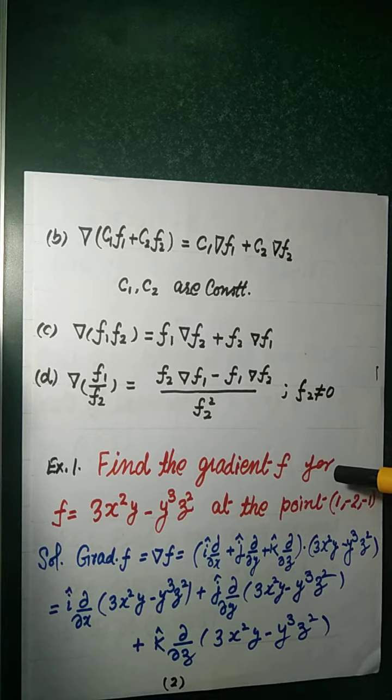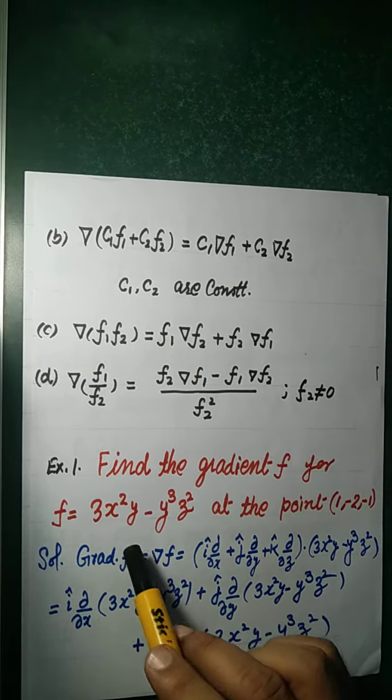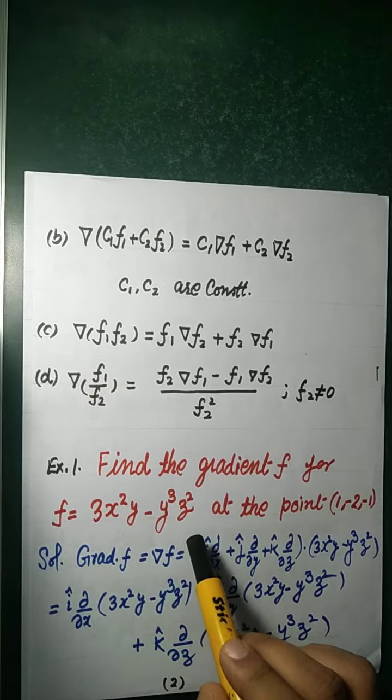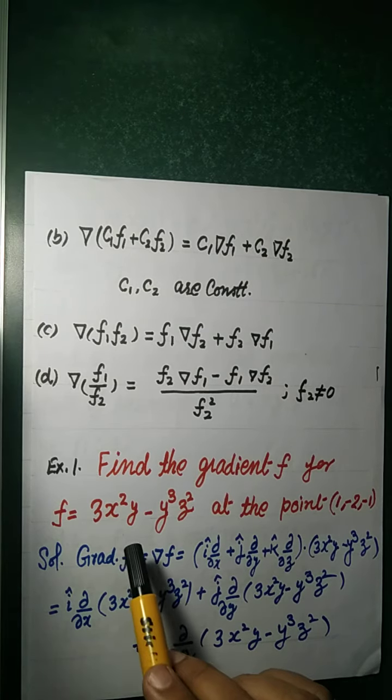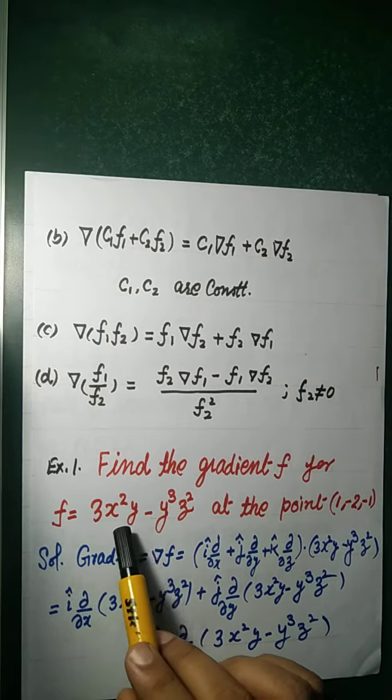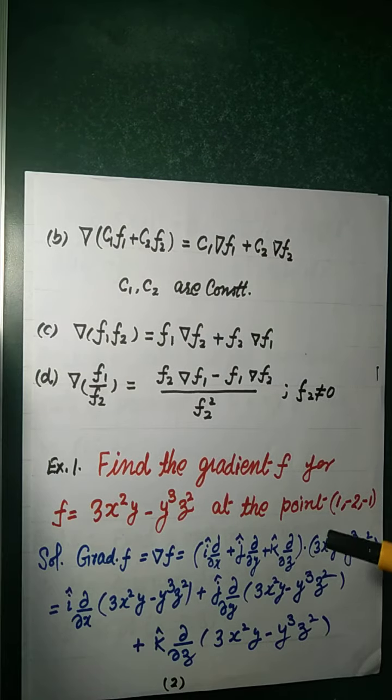Find the gradient of f for the function 3x square y minus y cube z square at the point (1, minus 2, minus 1). So this is a function of more than one variable. This is a function of x, y and z variables.